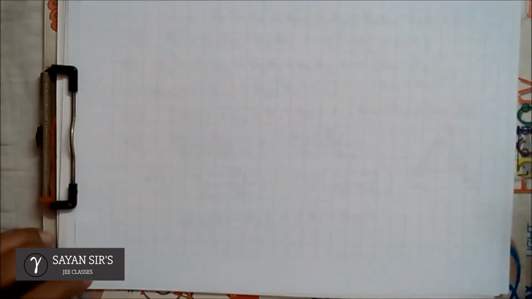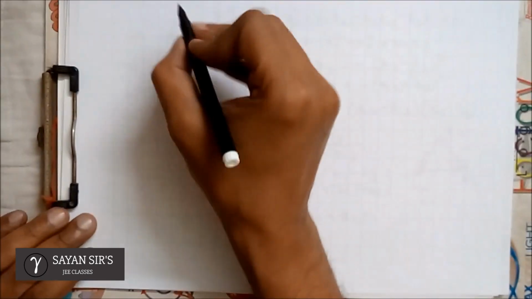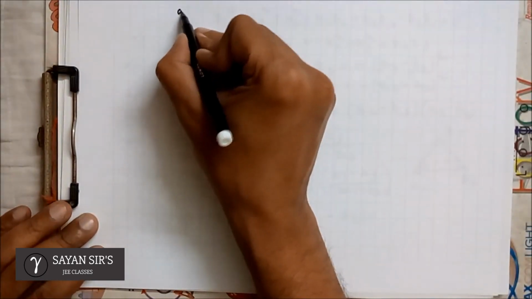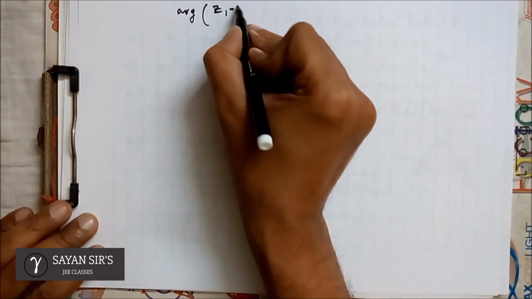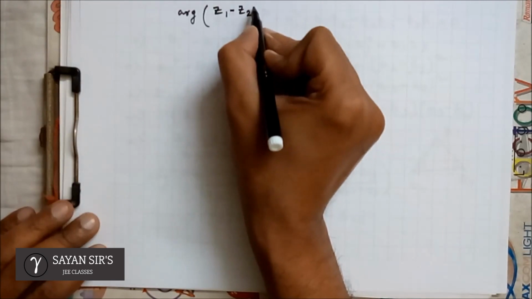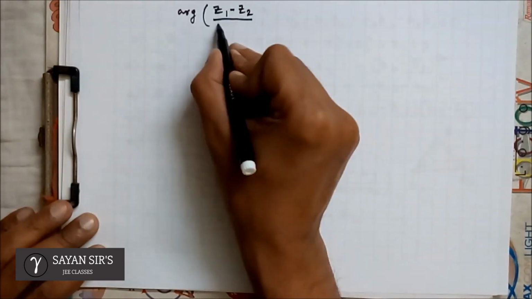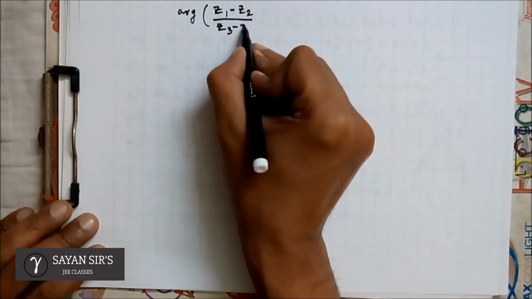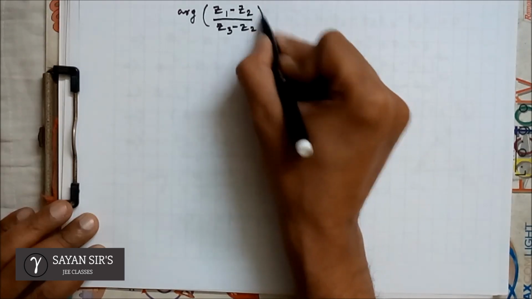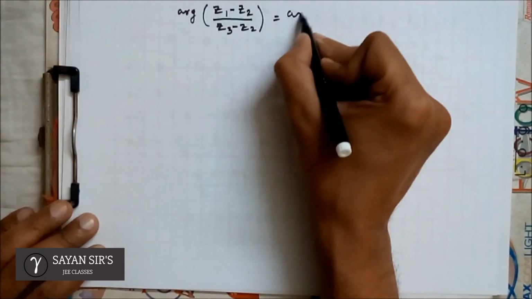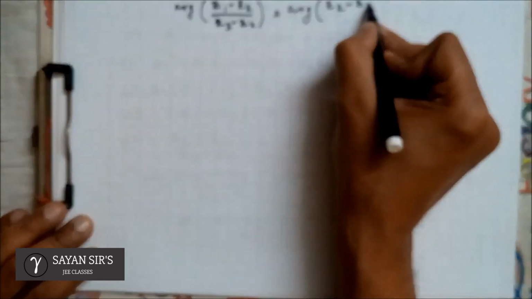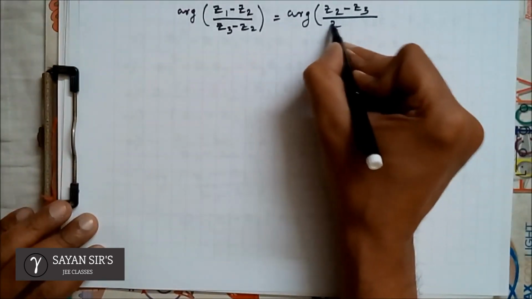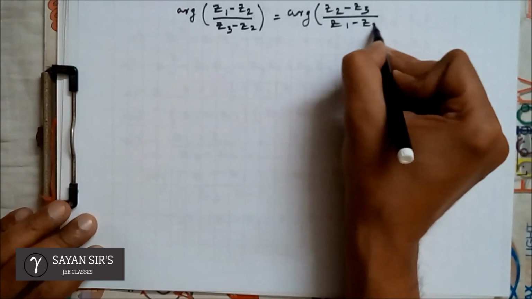So what we had originally got was argument of (z1 minus z2) divided by (z3 minus z2) equals the argument of (z2 minus z3) divided by (z1 minus z3).